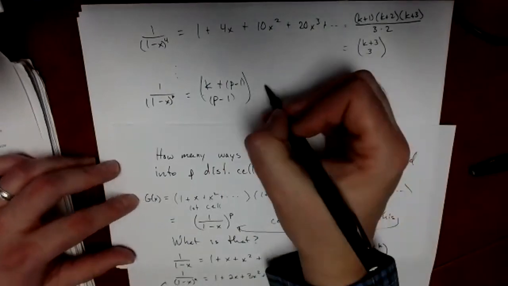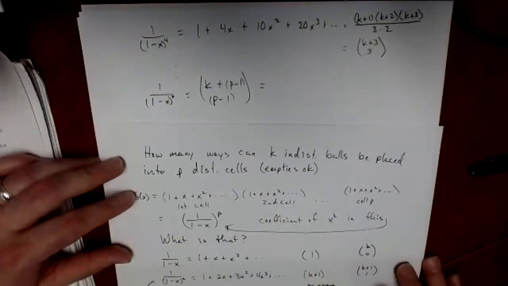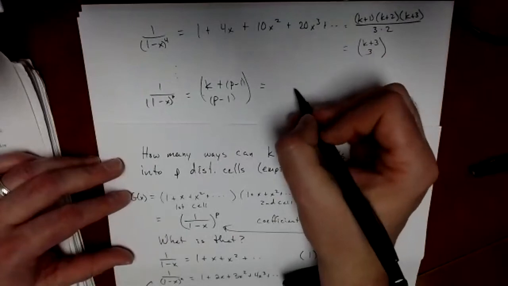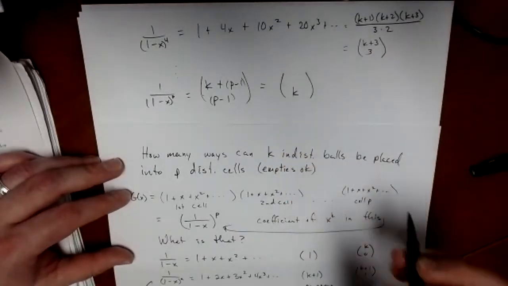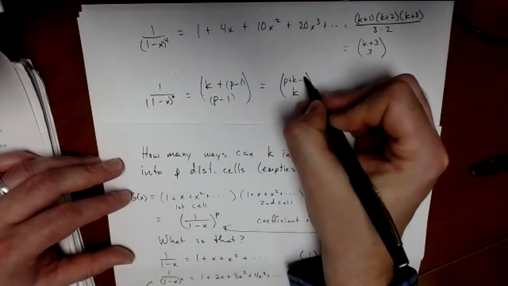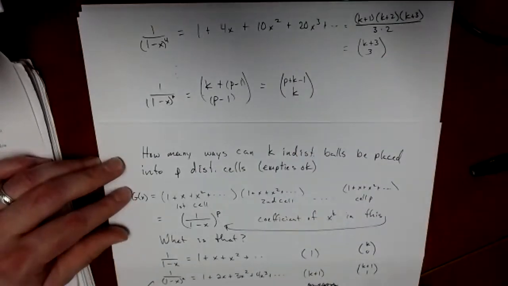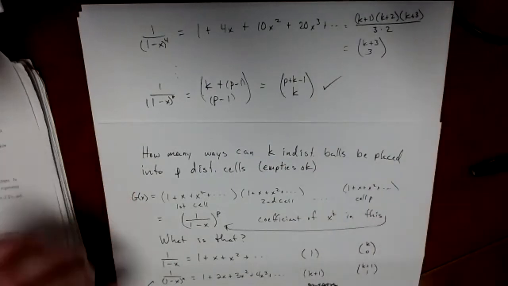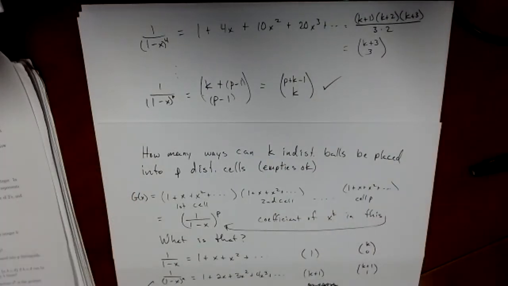And in fact, if we use the symmetry identity, so that we write this as choose k, we get p plus k minus 1 choose k, which should check with your theorem 210 or however you have it numbered.